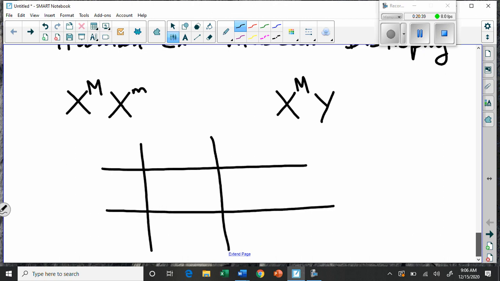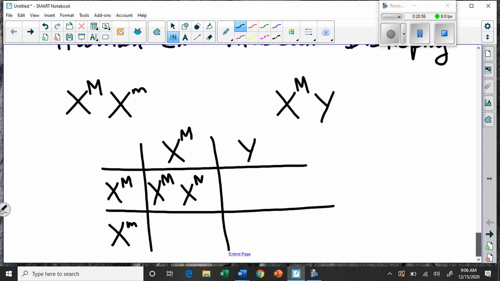The female can produce the normal allele, but she can also have this gamete, right? Small m, whereas the male has only the large M and the Y. And so we get the same sort of situation that we saw above with the eyes.